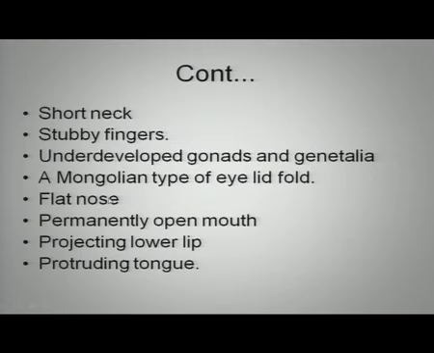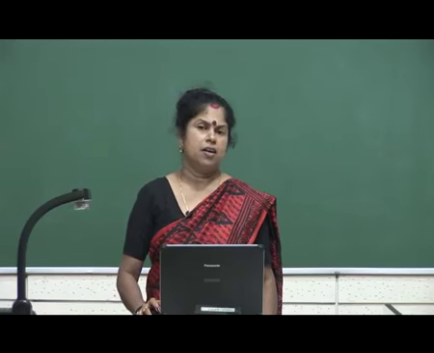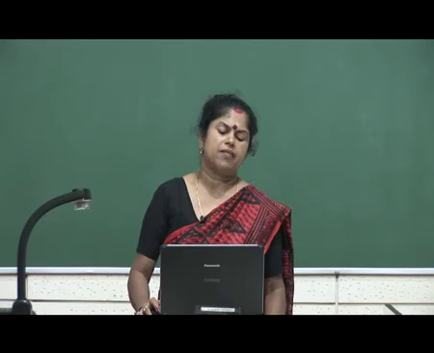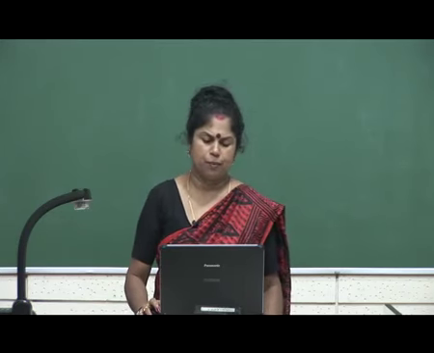They have a flat nasal bridge, so flat nose, permanently opened mouth, projecting lower lips and protruding tongue. So, all these are the different symptoms that we can see in a child having this particular Down syndrome.